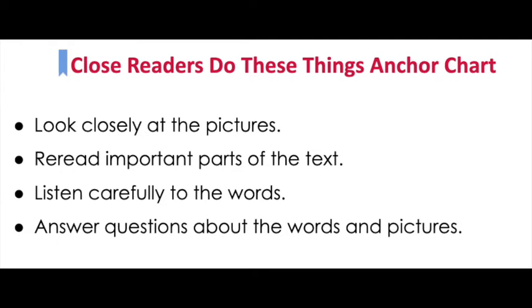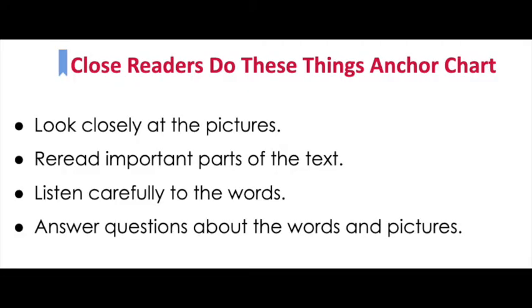Number 3 says, listen carefully to the words. Remember, good readers are always thinking about what they're hearing in a book. And the last bullet says, answer questions about the words and the pictures. So today, as we closely read our text again, we'll be trying to do all of these things.